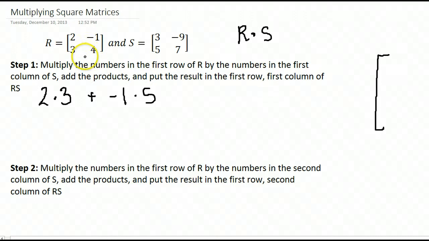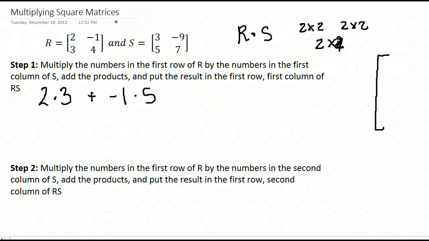And S has a first row of 3 and -9 and a second row of 5 and 7. Okay, so this is a 2 by 2 times a 2 by 2. All the dimensions match, and our answer is going to be a 2 by 2.